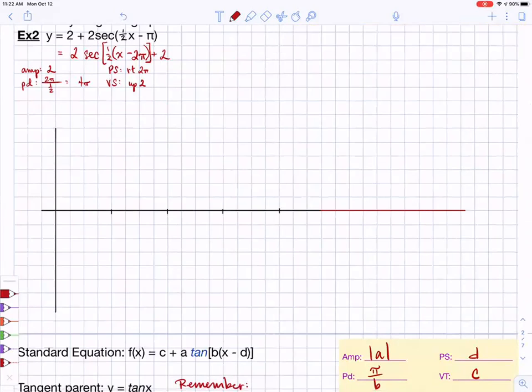And I'm gonna extend my x-axis. So what's my ending here? Four pi? Take half. 2 pi. Take half again. Pi. Count. 1, 2, 3, 4.